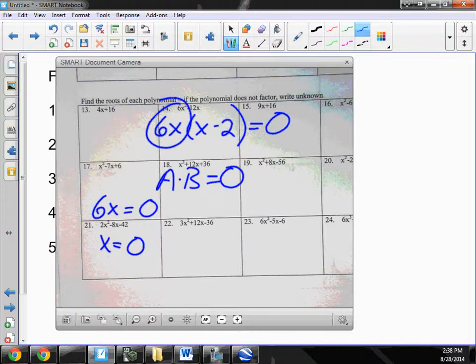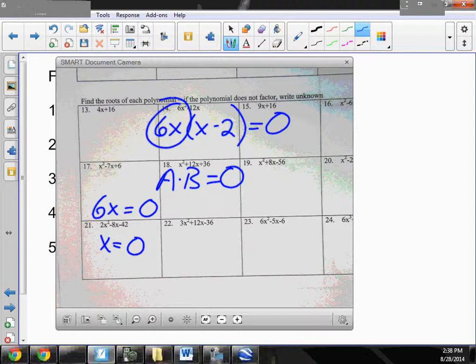Okay, so here's a hint. Whenever you pull out an x, one of your roots will be 0. Every time. Anytime you pull out an x, one of your roots will be 0. So whenever there is no constant, like x squared plus 2x and no constant, the graph has to cross the y-axis at 0.